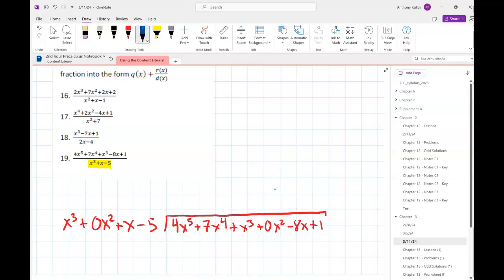Now I'm going to ask myself, what times x cubed gives me 4x to the 5th? 4x squared. And the 1 and the 4 multiply to give us 4.